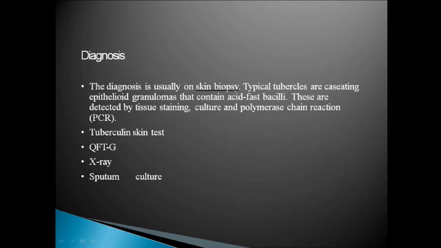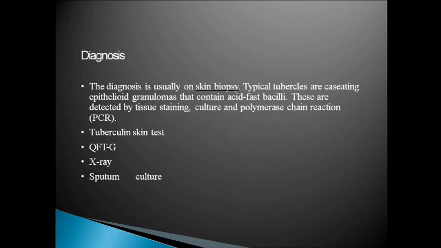Now diagnosis of cutaneous tuberculosis. You remember the most important and best diagnosis of cutaneous tuberculosis is skin biopsy, because apart from TBVC and scrofuloderma, most of the lesions are so confusing, they get confused with other types of skin conditions. So skin biopsy is very much advised.